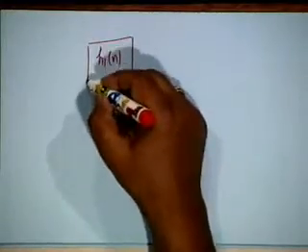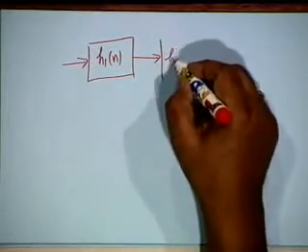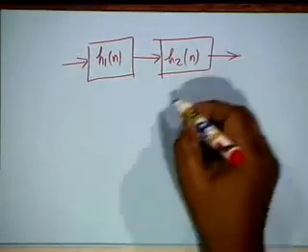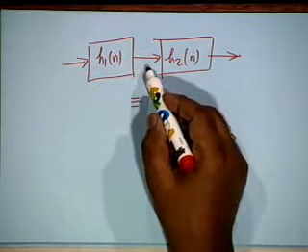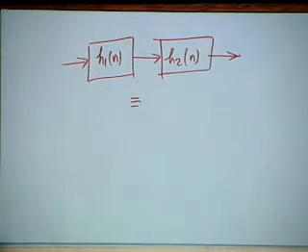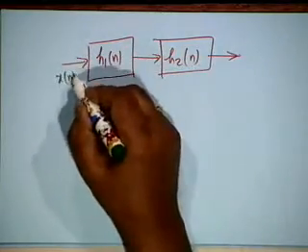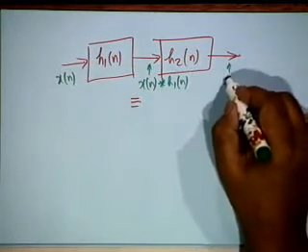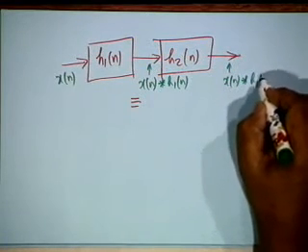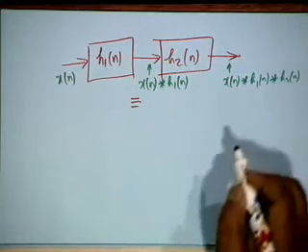All right. I'll just take one more topic, that is, if you interconnect two digital systems having impulse responses h1 of n and h2 of n, then if you put an x of n here, this output will be x of n star h1 of n, and this output shall be x of n star h1 of n star h2 of n.